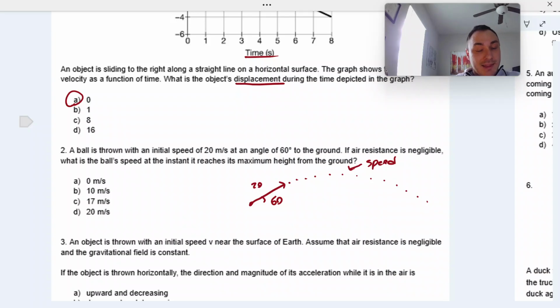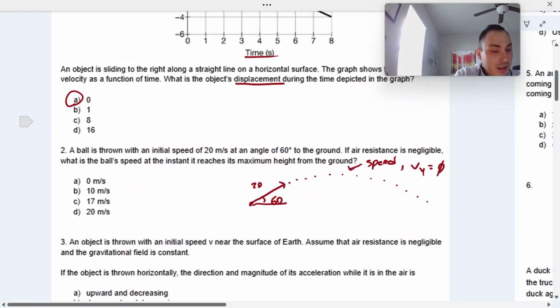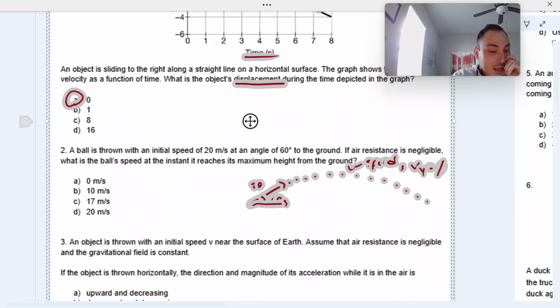We know that at the apex, the y component is equal to 0, which means any speed that this ball has at the maximum height is only due to the horizontal component. There is no acceleration in the horizontal direction, so the starting horizontal velocity equals the horizontal velocity at the apex.